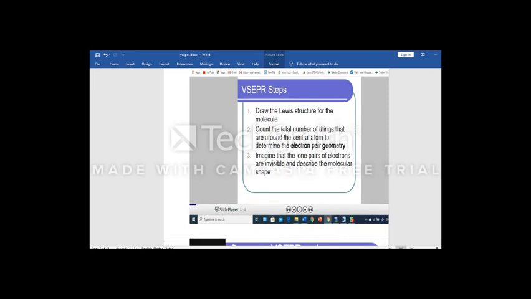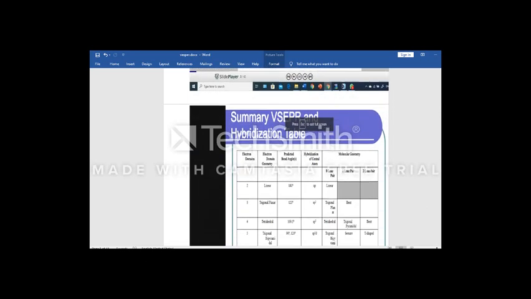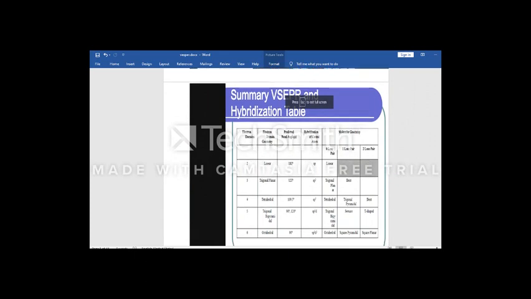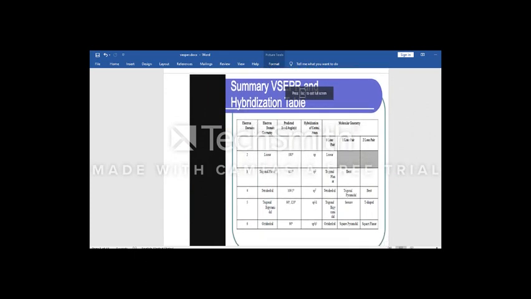Okay, we will see a table that illustrates these characteristics, a summary of VSEPR and hybridization. First, electron domains, which we can replace by the number of bonds.